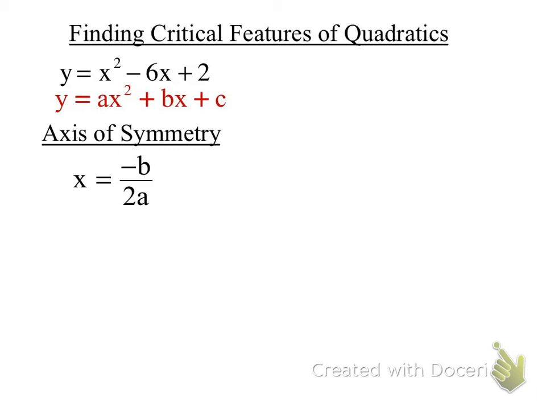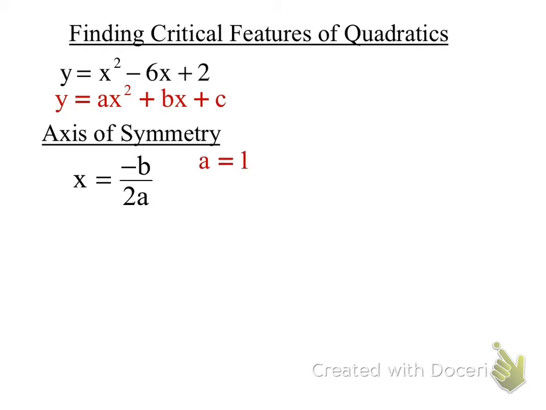So what is my a? First thing you always do is identify your a, b, and c. You should all be writing this part too. What is my a, b, and c? Nadia? Your A is 1.